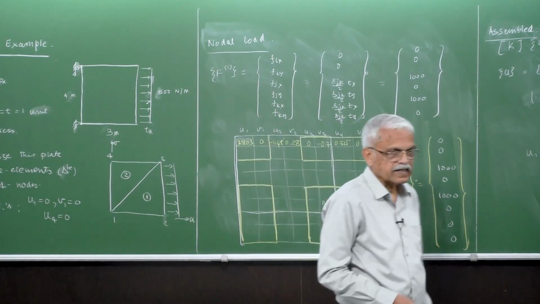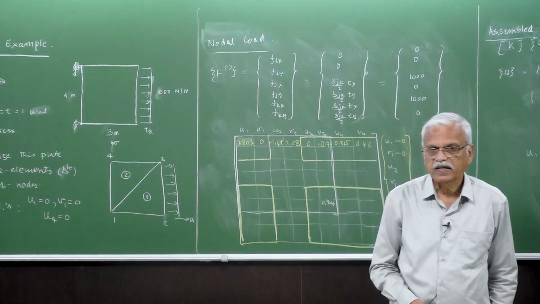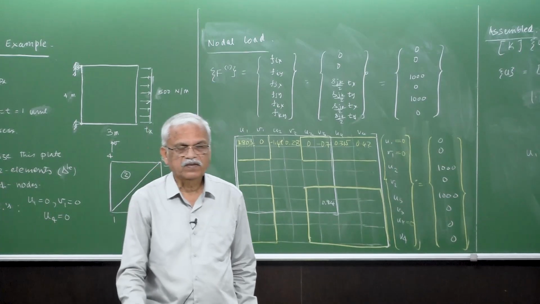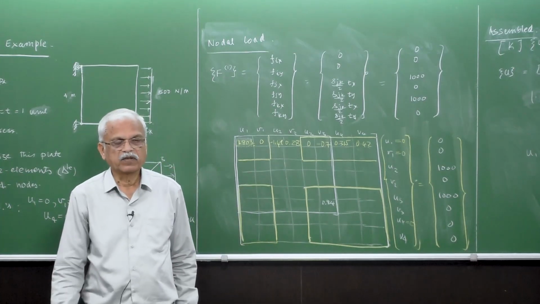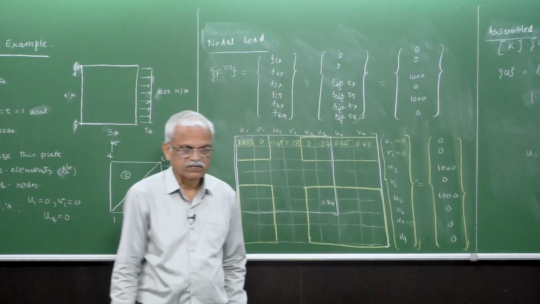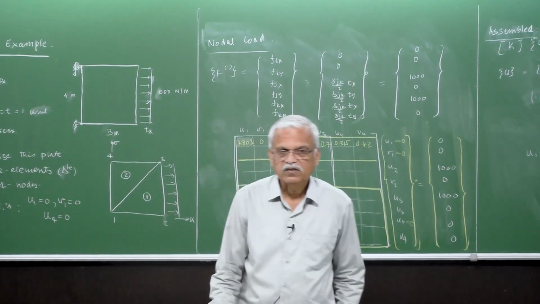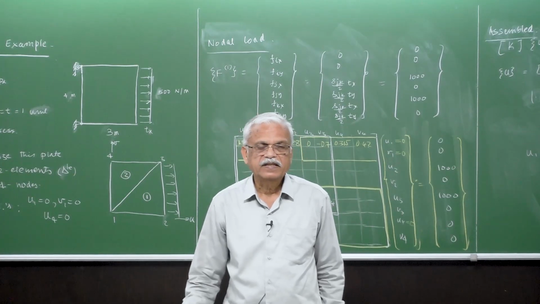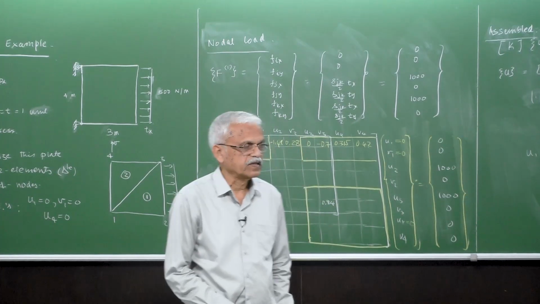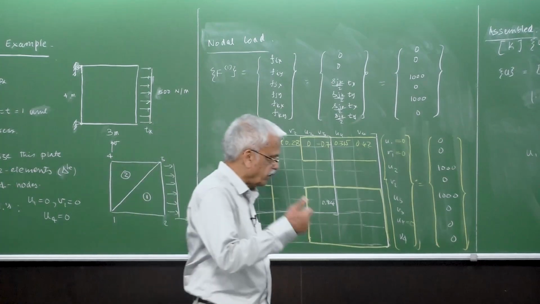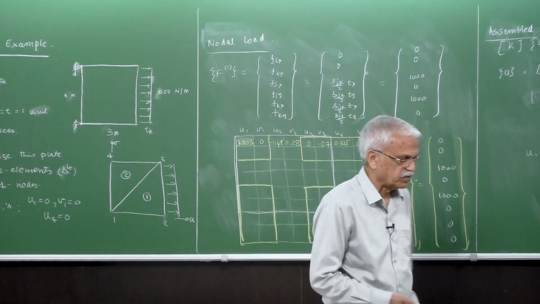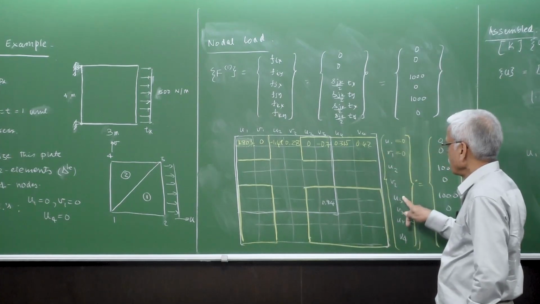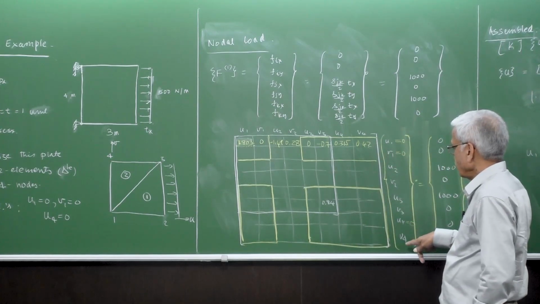Number 2 is that under this principle of minimum potential energy, there is a condition, if you recall. The admissible set is that set of displacements which satisfy the kinematic boundary conditions. Kinematic means here the displacement prescribed boundary conditions. Whatever you vary in the nodal displacements, you can vary only U2, V2, U3, V3 and V4 here.